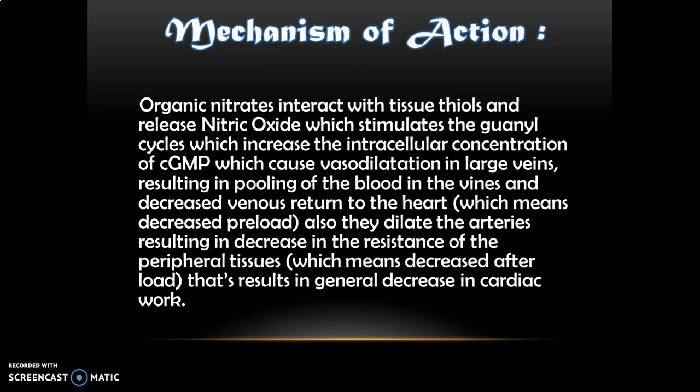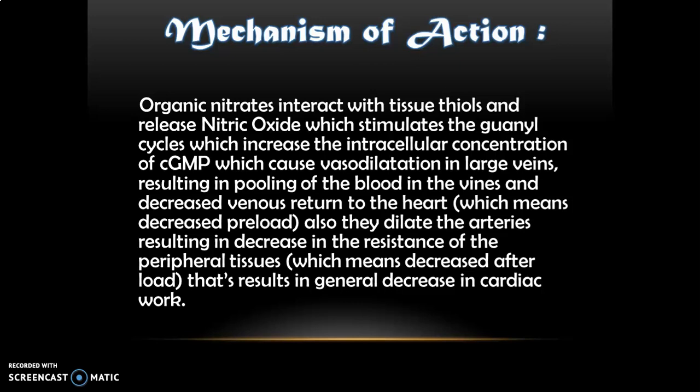What is the mechanism of action of these organic nitrates? Organic nitrates interact with the tissue's thiols and release nitric oxide, which stimulates guanylyl cyclase, which increases the intracellular concentration of cyclic GMP and leads to vasodilation in large veins, resulting in pooling of blood in the veins and decreased venous return to the heart, which leads to decreased preload.